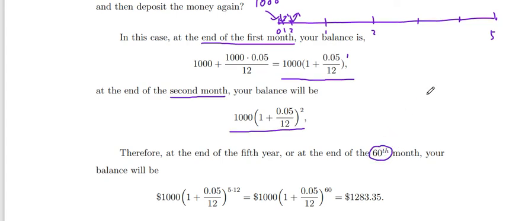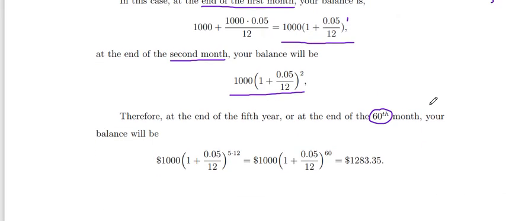So at the end of the 60 months, your balance will be equal to 1,000 multiplied by 1 plus this rate, 0.05 over 12, raised to the 60th power. So 60 comes from 5 multiplied by 12, right? Okay, so we got this number.